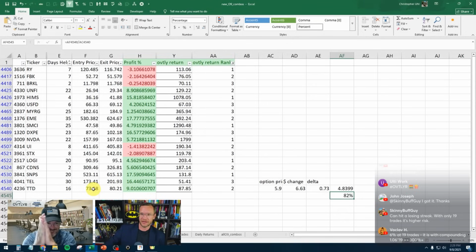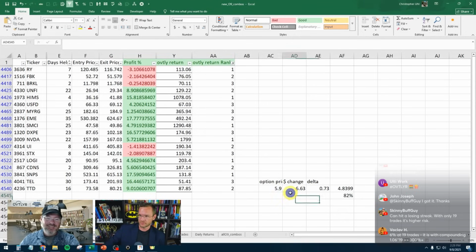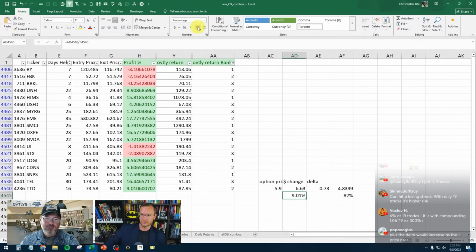So rather than a 9% move, this divided by this, that'd be an 82% move. I'll take it. Dude, that's crazy talk.